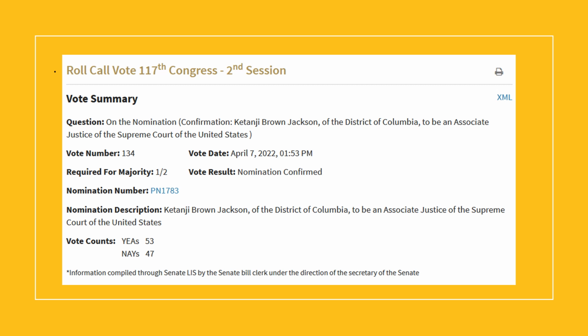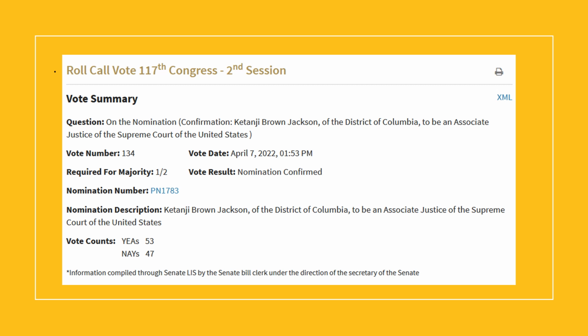But it's actually in Article 2 where we see the confirmation process, that the president can nominate ambassadors, high-level public officials such as U.S. Supreme Court justices, and cabinet members, specifically the heads of departments and other heads of agencies that do require confirmation.